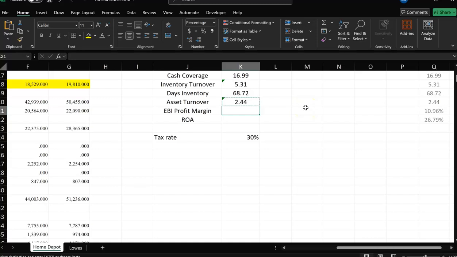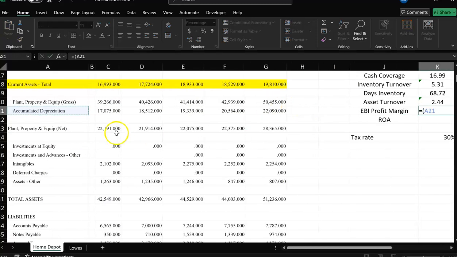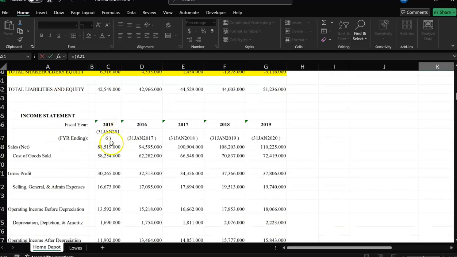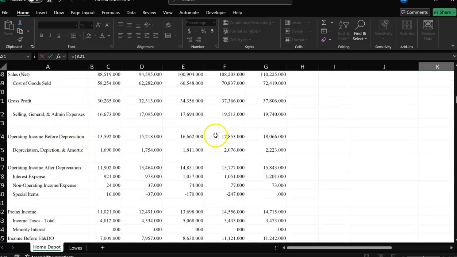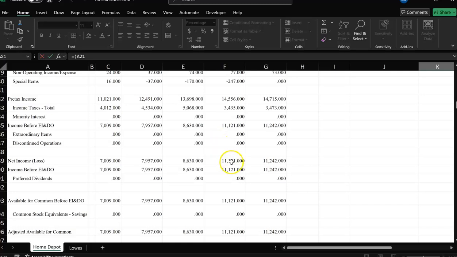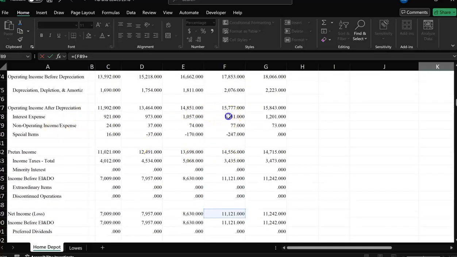Okay, so I'm going to do that calculation over here. I'm going to calculate the EBI profit margin. I'm going to calculate the net income, and I'm going to add back the interest expense, which is right here, times 1 minus the tax rate.